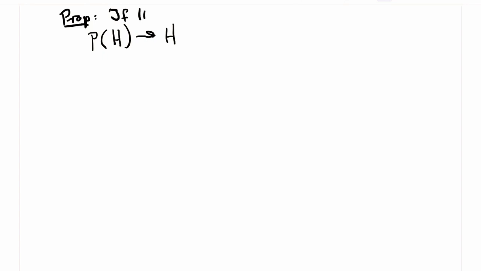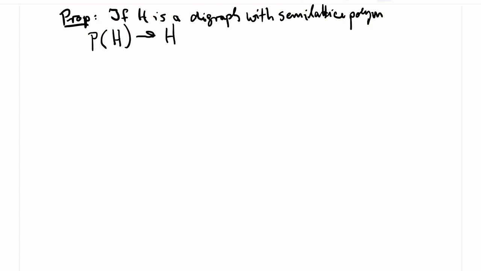If H is a digraph with a semilattice polymorphism, then P(H) homomorphically maps to H. We'll not prove this now. We'll instead prove something more general in a second.